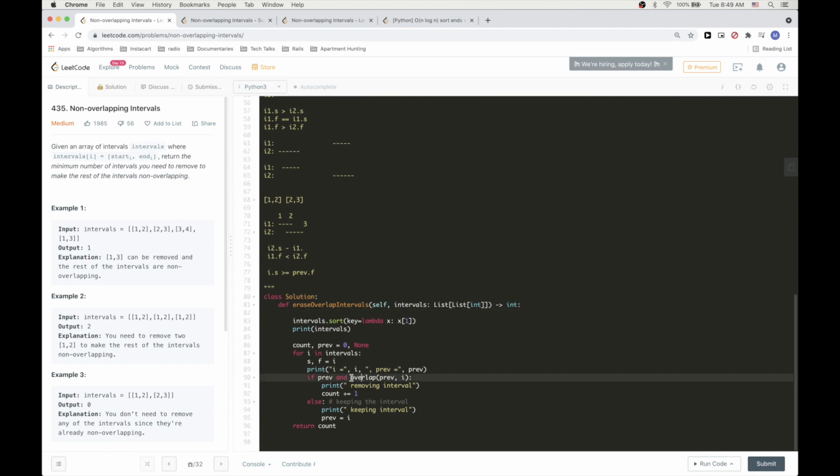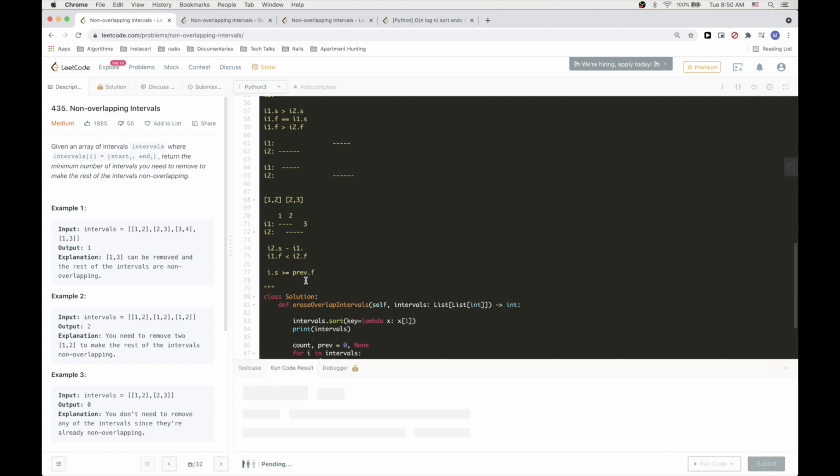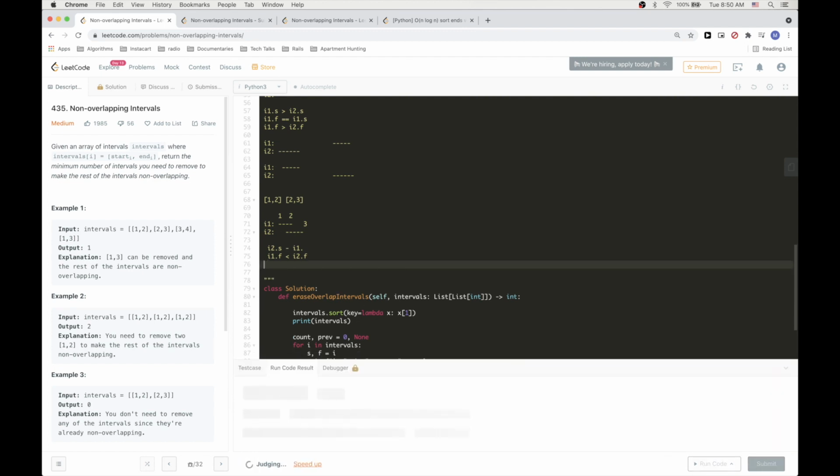So not all of this, we just need to check that the start time of this interval, so I0, is bigger or equal than the previous one's finish time. Yeah, that should be enough.